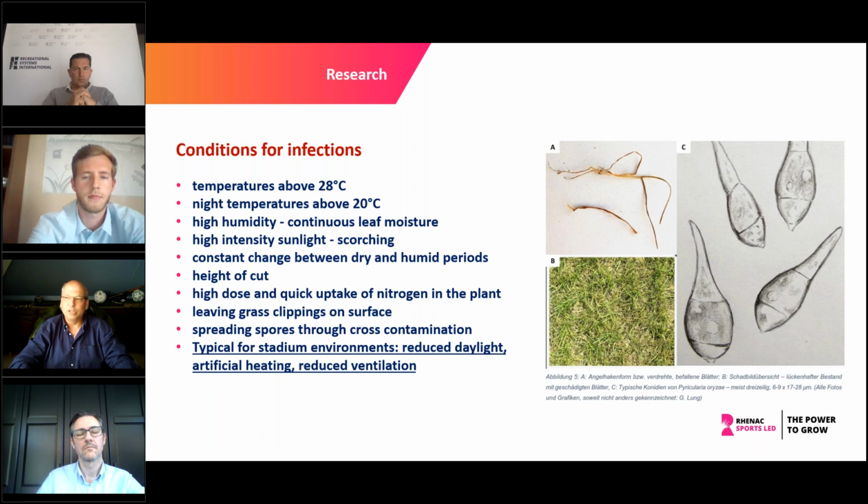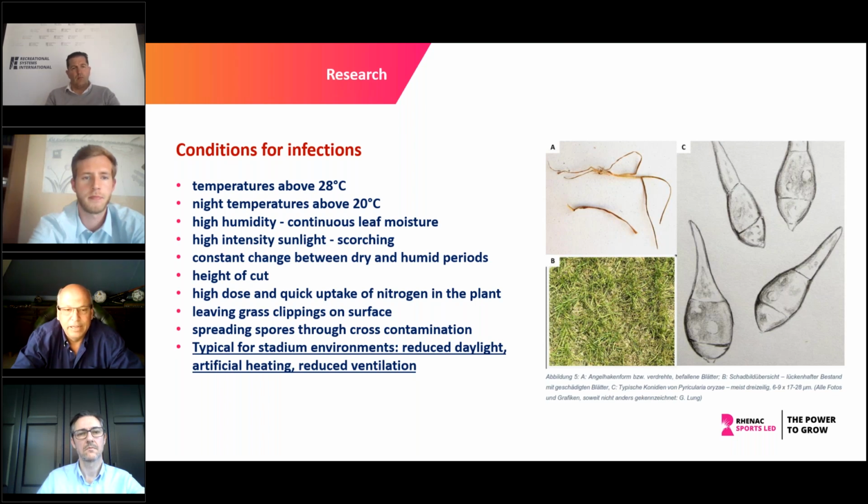Also, leaving grass clippings on the surface is not a good idea, because it can actually spread the disease quite easily. But also cross-contamination. Often found that if you use equipment in stadiums and on the same day on the training ground, you can actually cross-contaminate spores and bring them from one place to another. This also happens by the players themselves.